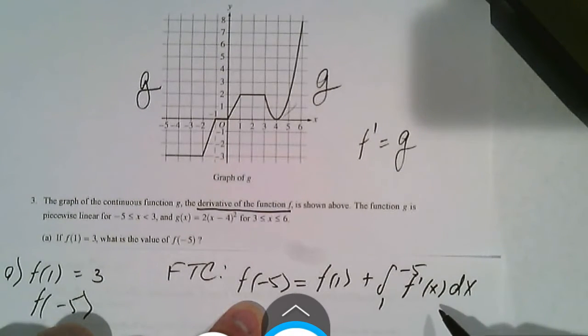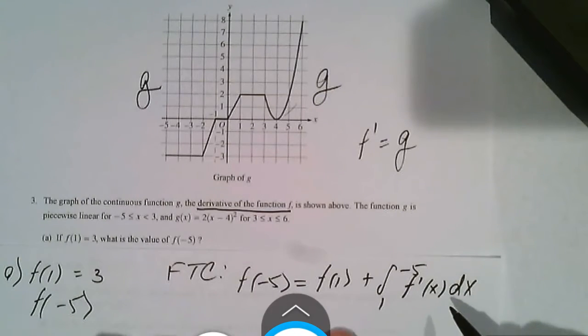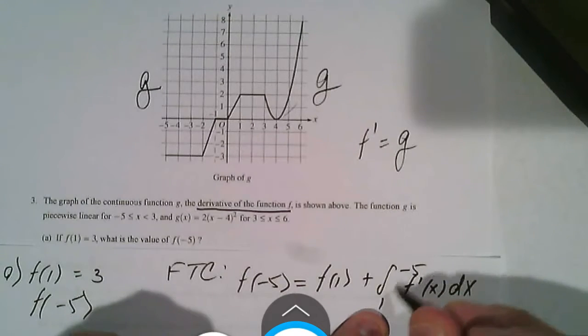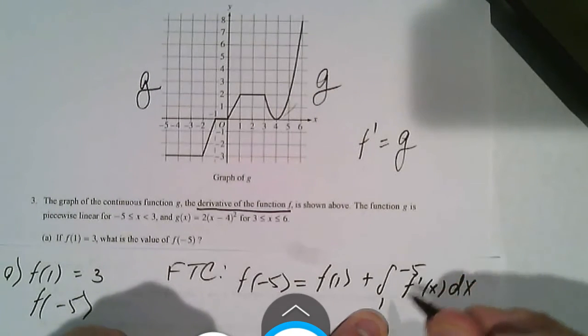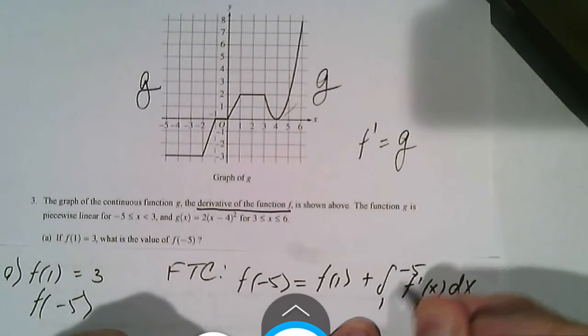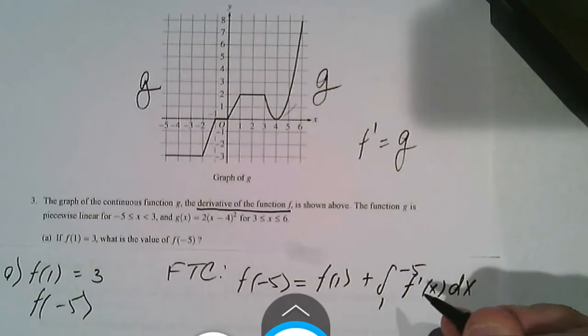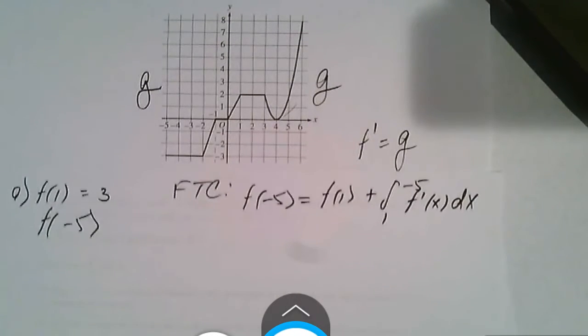F of -5 equals f of 1 plus the integral from 1 to -5 of f prime of x dx. Now you might say, wait a second, how am I going to figure this out? To find the integral from 1 to -5, that means find the area under the curve, but I'm going from +1 to -5. Those limits are in the wrong order. Well, that's something that we can fix.